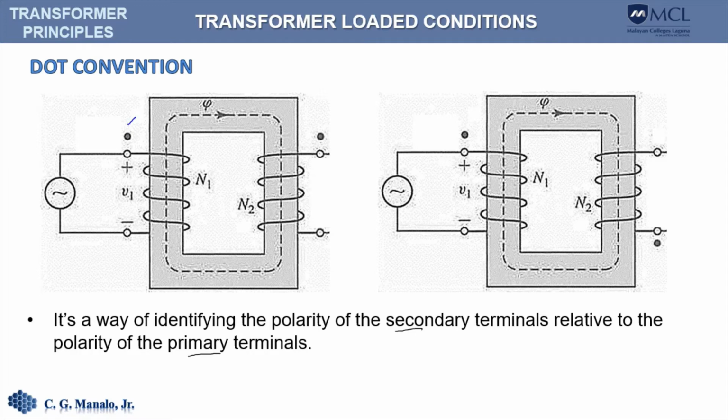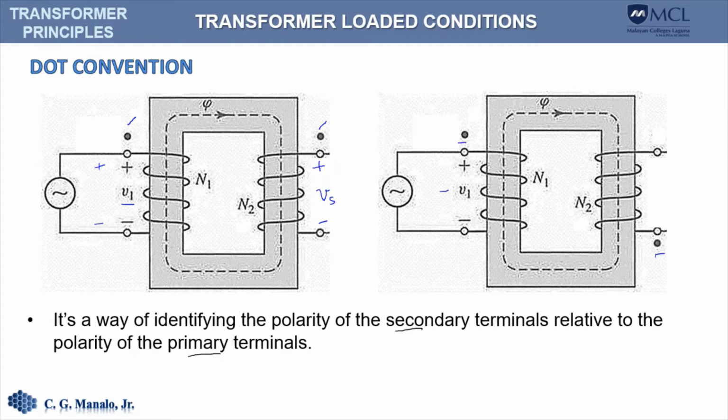These two dots mean that if I apply a voltage at the primary, V sub 1, with this polarity, the voltage that will appear at the secondary will have a polarity that is positive at the dot and negative on the other terminal.